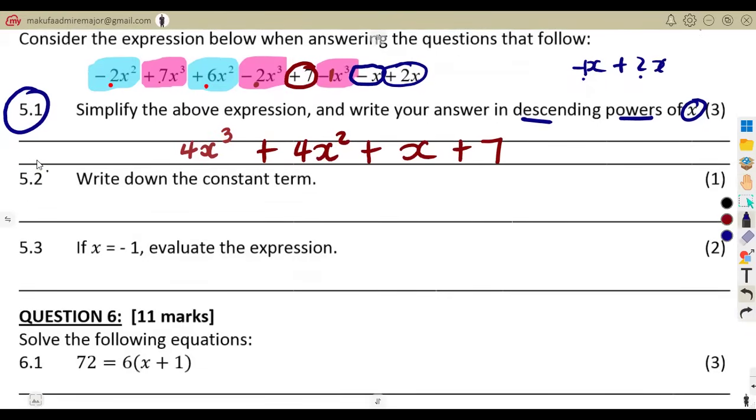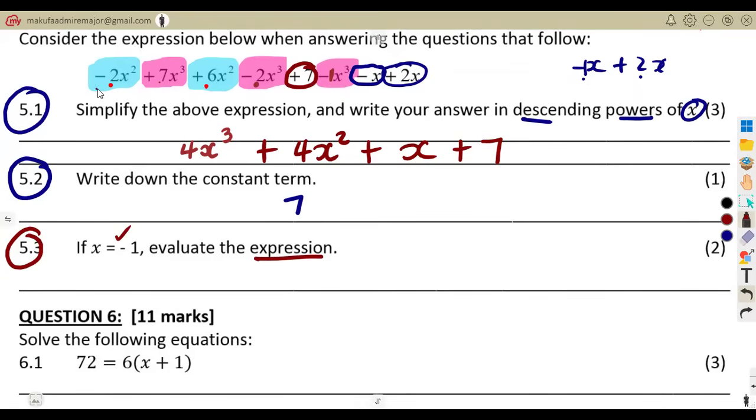Then from that expression, write down the constant term. We can see the constant that we have is 7, where we do not have x. Then 5.3, they want you to evaluate the expression if x is equal to minus 1.